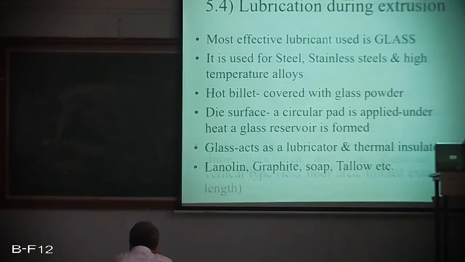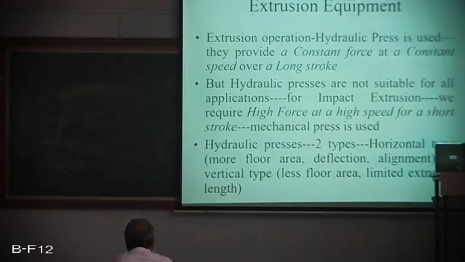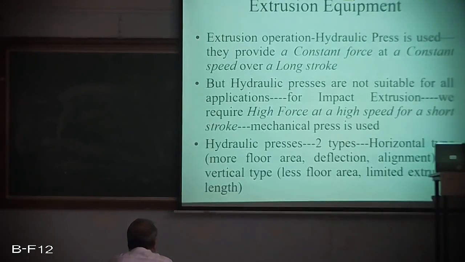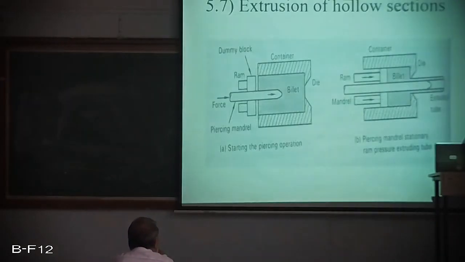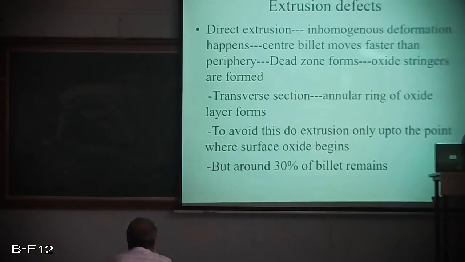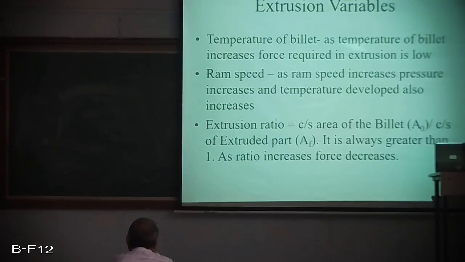And finally we have the different types of lubrication. Then we have extrusion equipments, different types of extrusion equipments, mechanical presses, hydraulic presses, horizontal as well as vertical ones. Then we had discussed extrusion of hollow sections, that is, extrusion of seamless tubes. Then we have discussed extrusion defects, and finally extrusion variables.